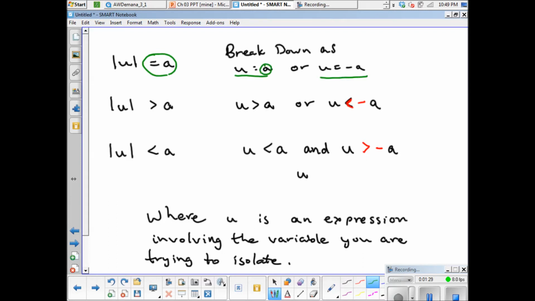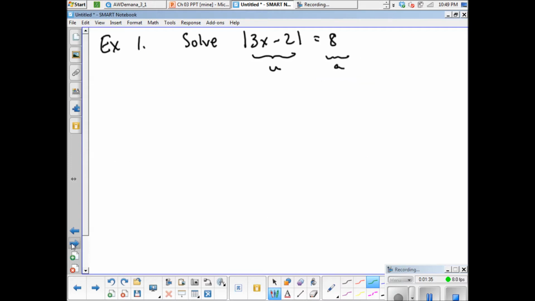One uses a and the other uses negative a. So we are going to write u is equal to a, which is just 3x minus 2 equals 8. Then we have to write the word or, and then u is equal to negative a. Okay, so there's our setup.